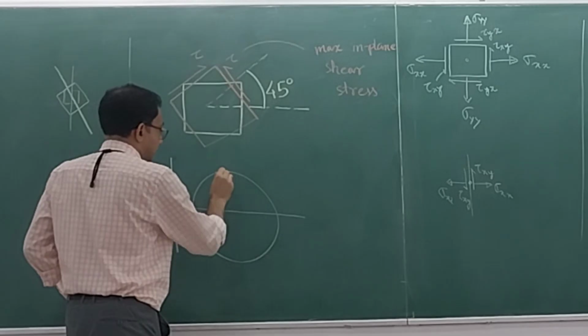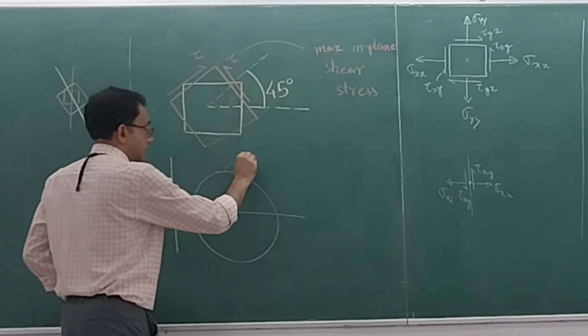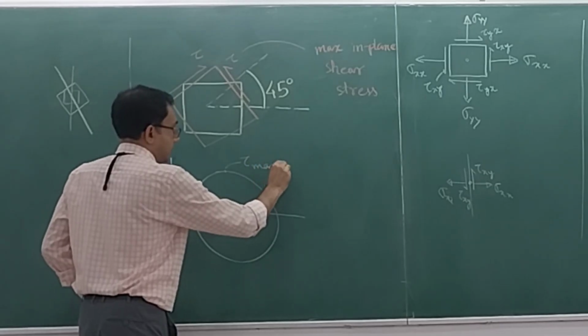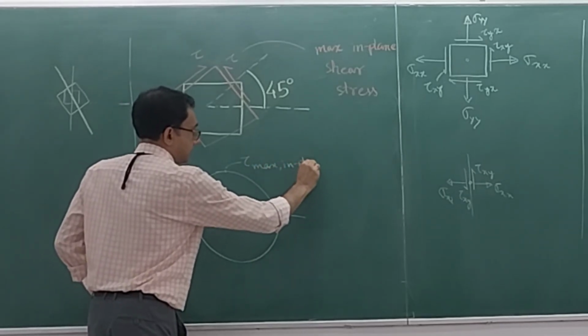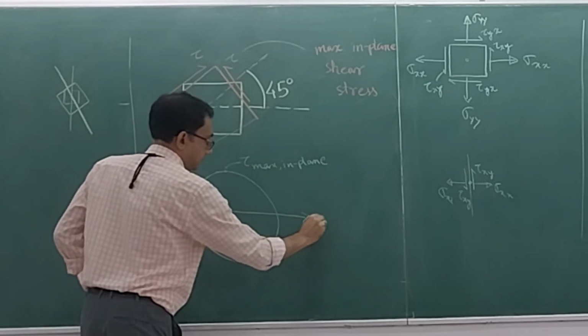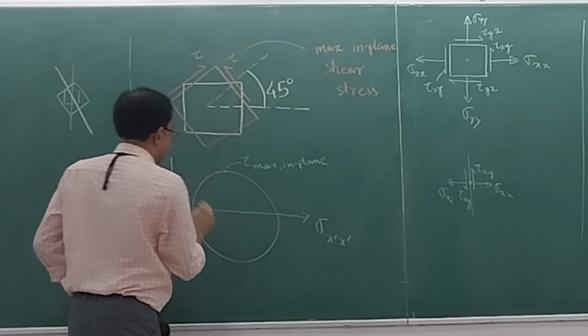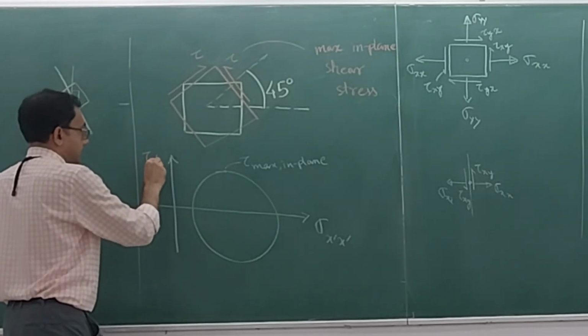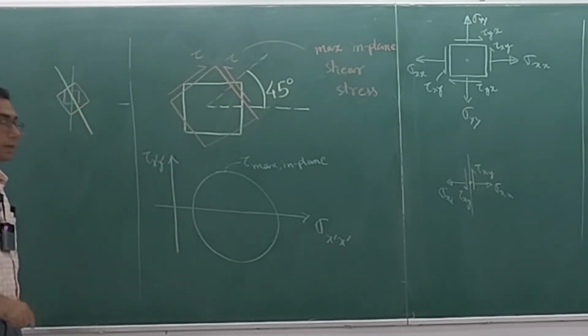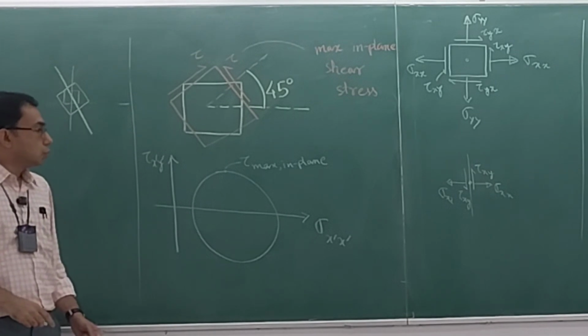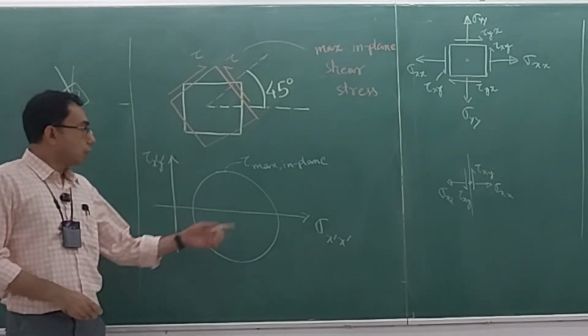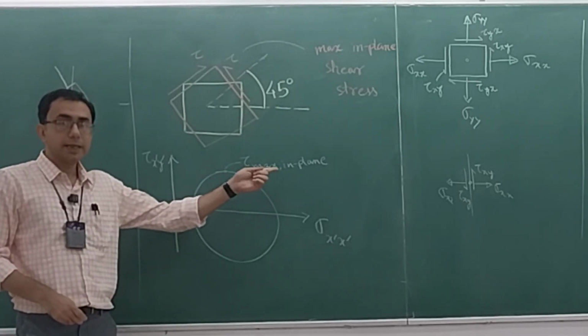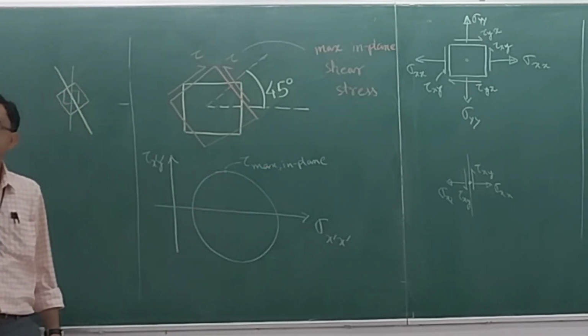We have understood that this here is the tau max in plane. But is it possible to write an expression for this tau max in plane in terms of the sigma p1 and the sigma p2?